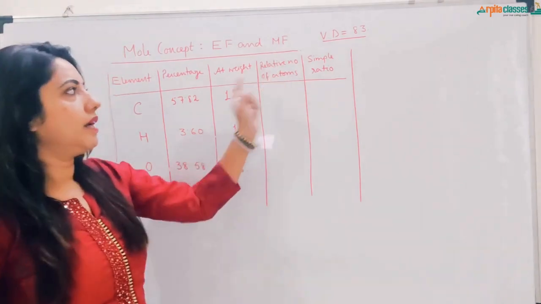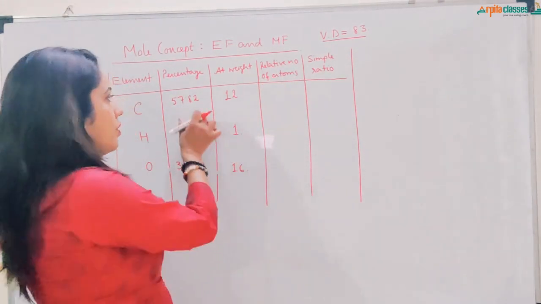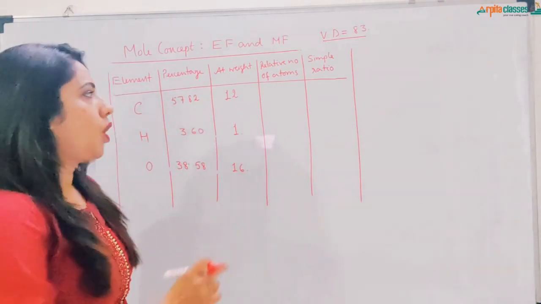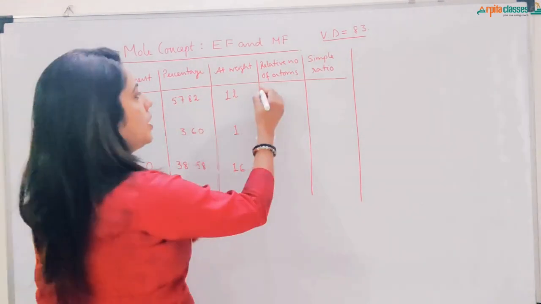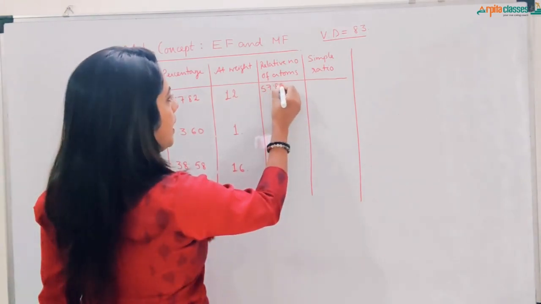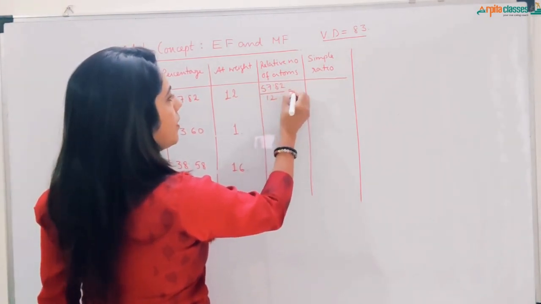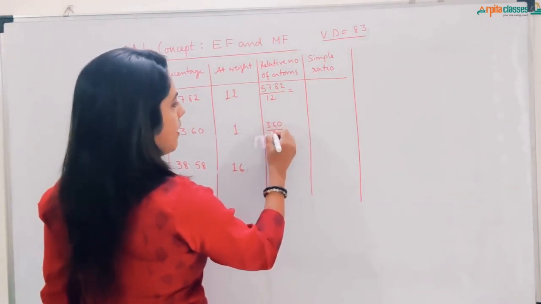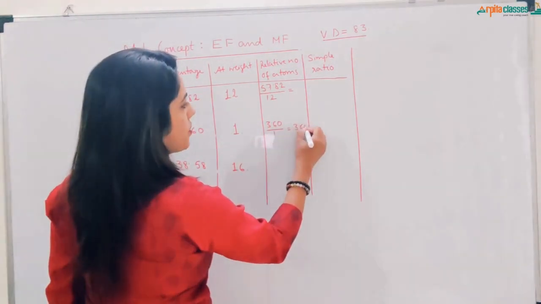Now to find out the relative number of atoms, we have to divide the percentage by the atomic weight of the corresponding element. So here we are going to do 57.82 divided by 12. Here it is 3.60 divided by 1, that comes 3.60.